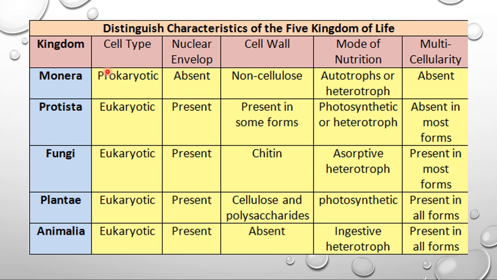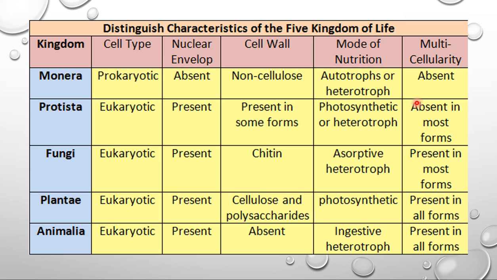Whatever you can see on the screen here: what is their mode of nutrition? Either they are autotrophs or they are heterotrophs. Or if they do photosynthesis, then they are photosynthetic organisms. Correct. So mode of nutrition is also there, and multicellularity.